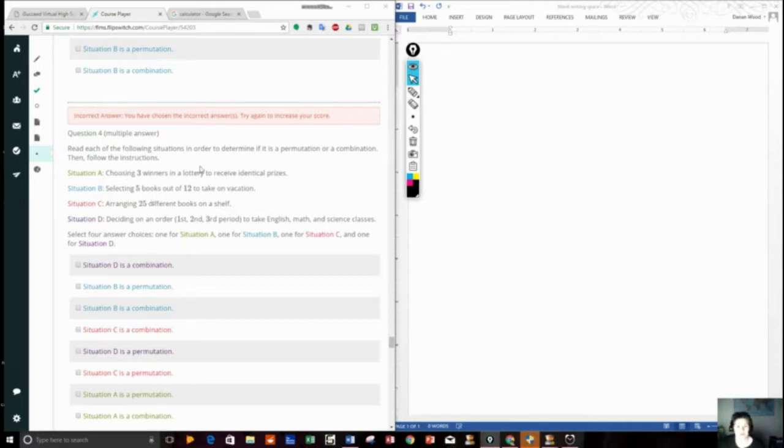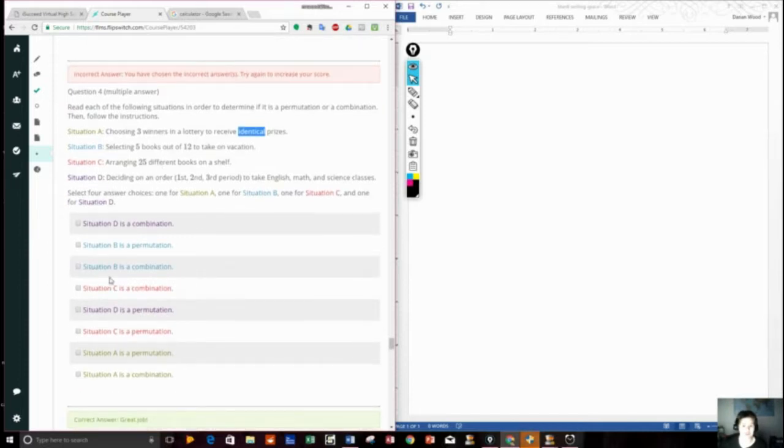Choosing 3 winners in a lottery to receive identical prizes. Okay, since the prizes are identical, that wouldn't matter which way those 3 winners were chosen, because the prizes are going to be the same whether you're chosen first, second, or third. So situation A is a combination.